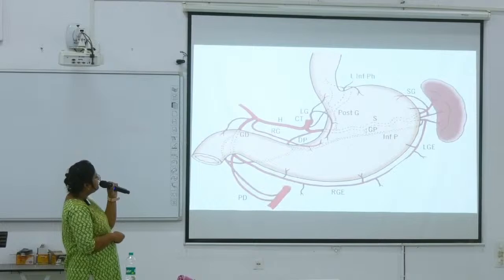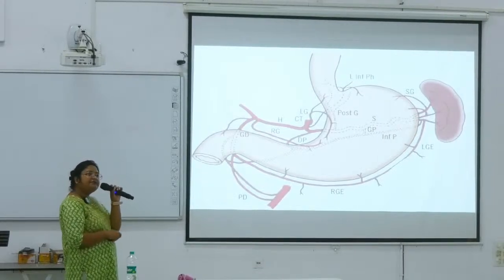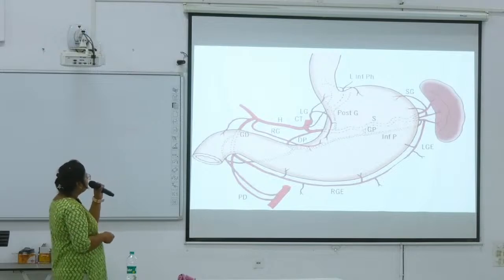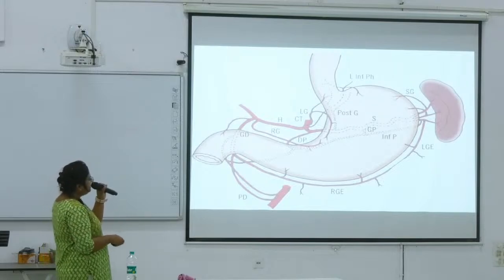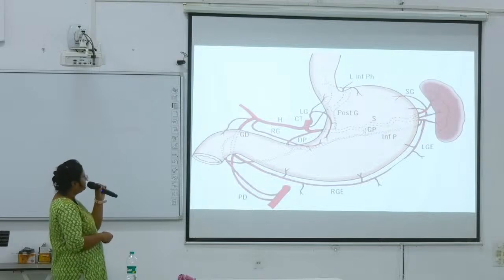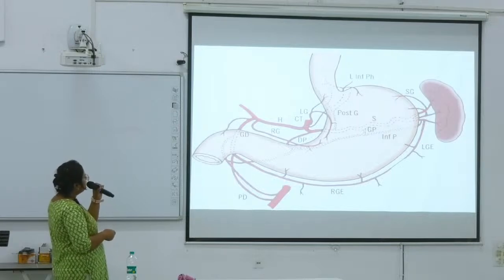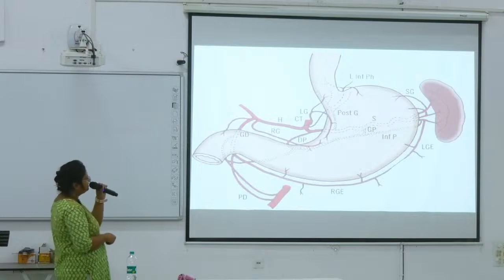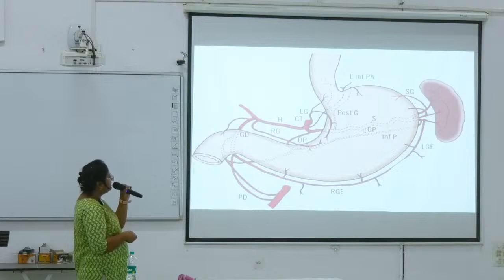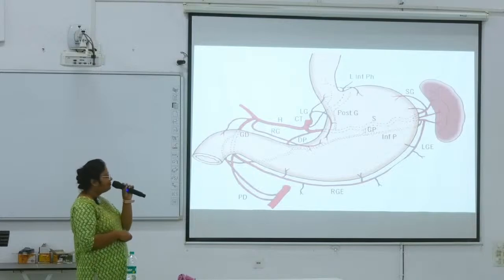Left gastric and right gastric form an anastomosis along the lesser curvature of the stomach. The gastroduodenal artery divides into the right gastroepiploic and superior pancreaticoduodenal, also giving supraduodenal and retroduodenal branches. The right gastroepiploic lies along the greater curvature of the stomach.